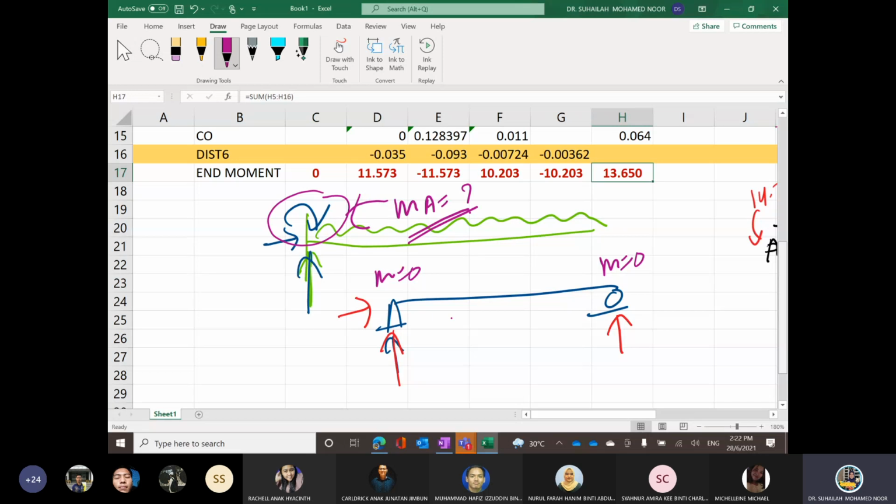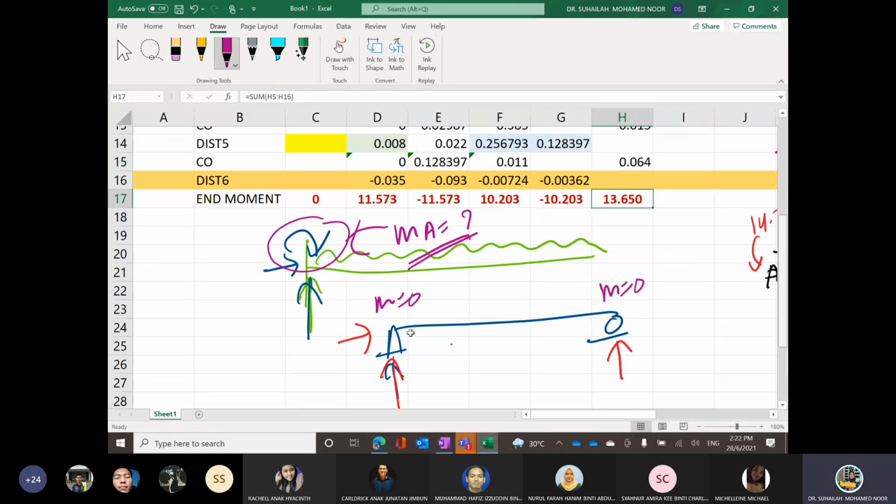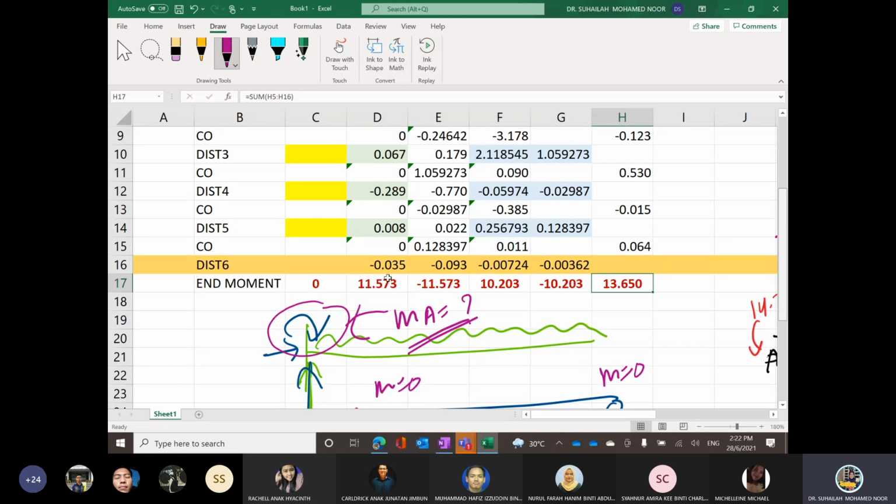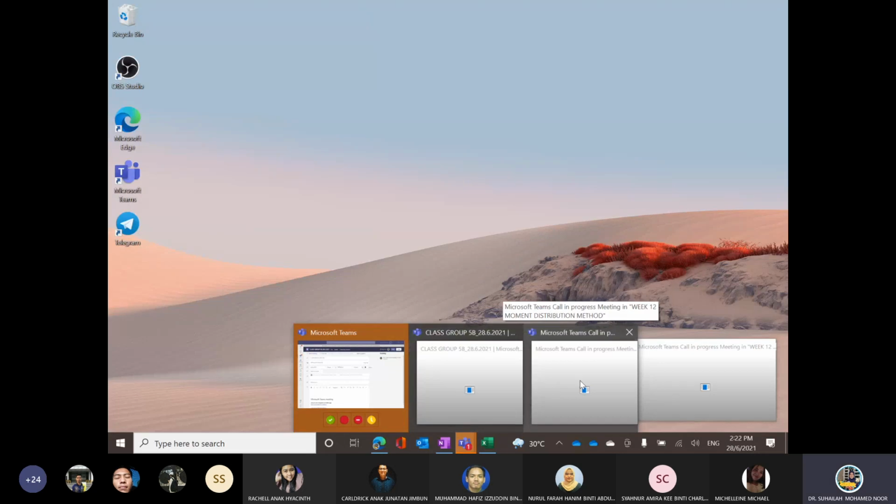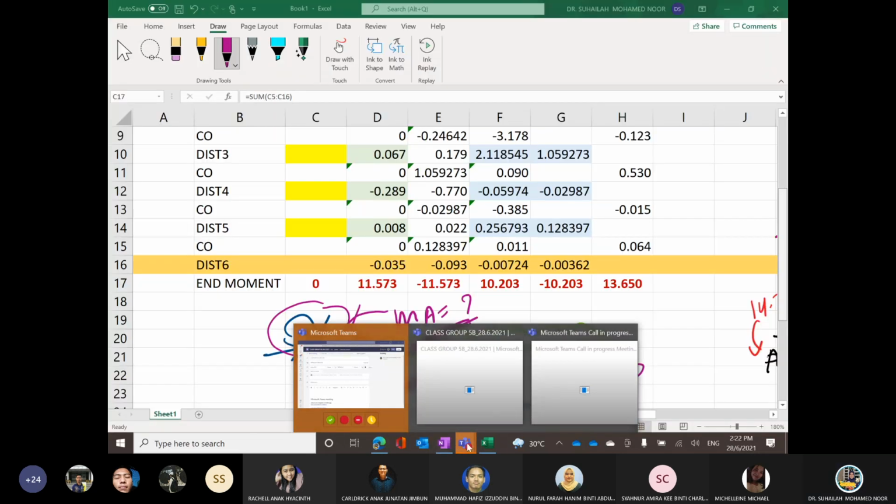If moment is 0, then it is actually not the fixed end. So that is why we get 0 value at A and 13.65 value at D. Okay, any question? No, madam.